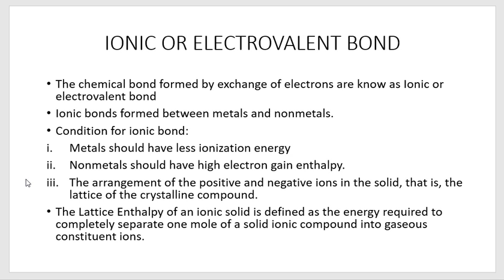It is exothermic. We can also say the lattice enthalpy of an ionic solid is defined as the amount of energy required to separate 1 mole of cation and 1 mole of anion from a solid ionic compound.